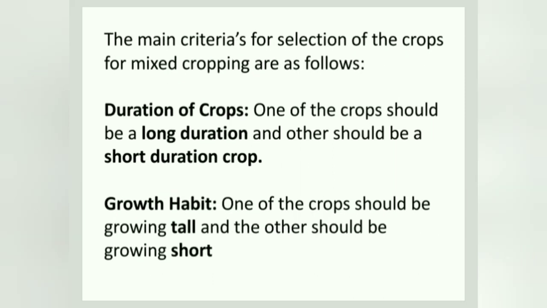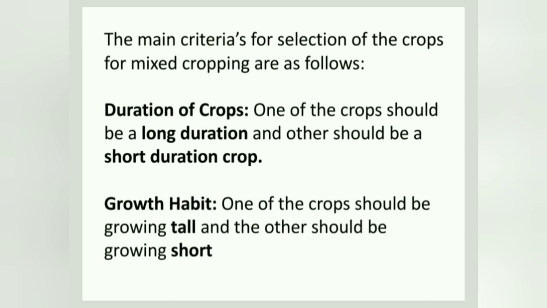So there are some criteria for the selection of crops for mixed cropping. So these are the criteria. First one is duration of a crop. The time period from sowing till harvesting: one crop should take less time, the other crop should take a long time.